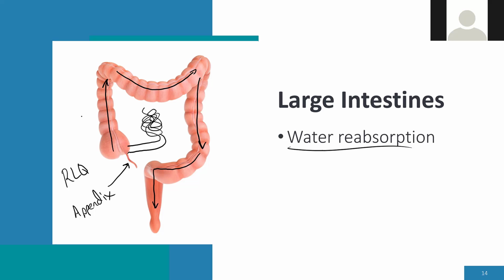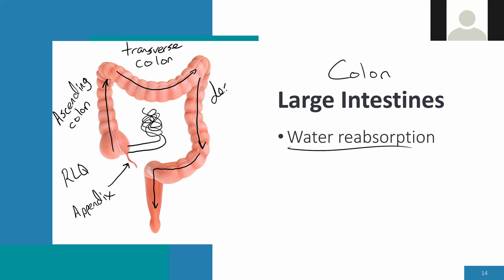All right, so we have large intestines, more commonly called the colon. So we have the ascending colon. Ascending, it's going up. We have the transverse colon. Trans is going across.